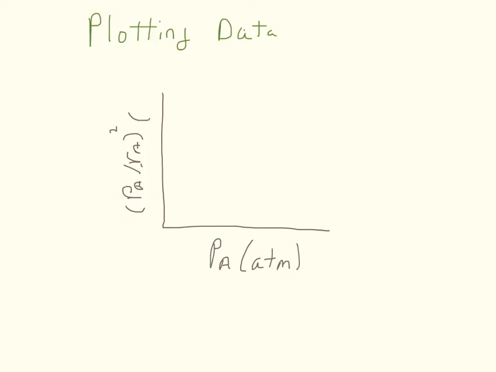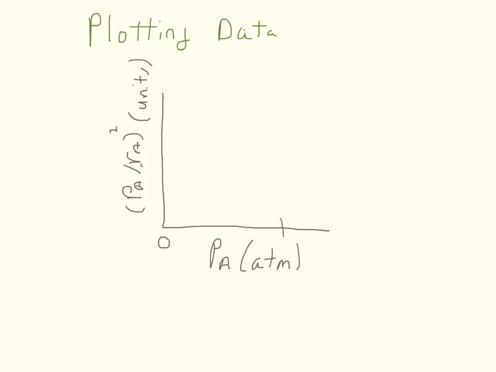I would also include the units here. You'll see that they're kind of complicated in the solution. In addition, we'll need to mark the axes, and we want to use the full range of the graph if we can. Use as much real estate as your data will allow.